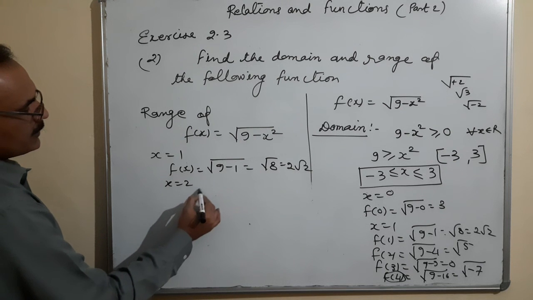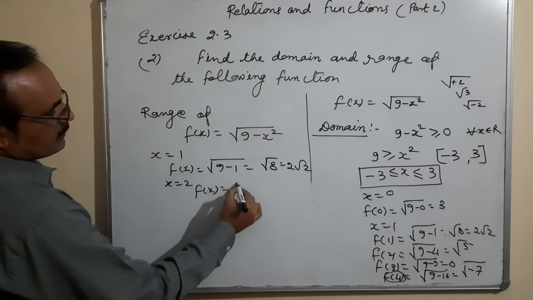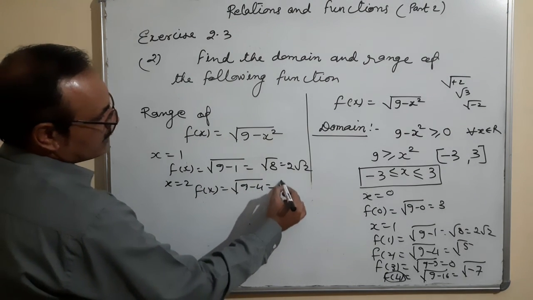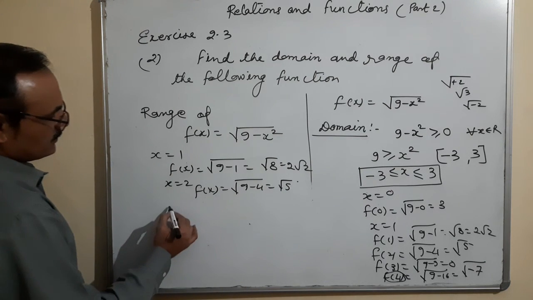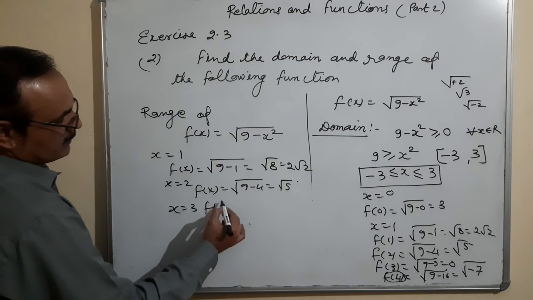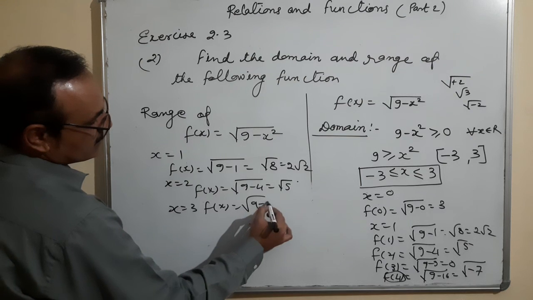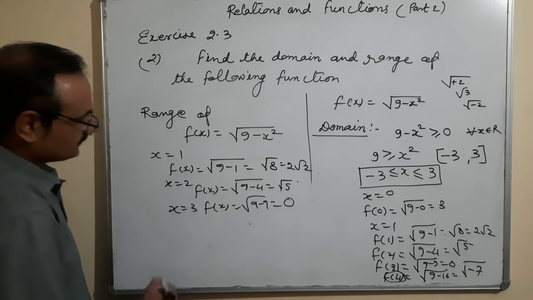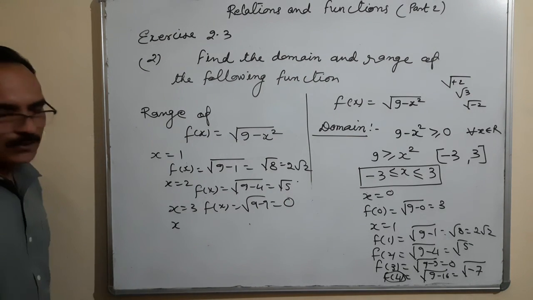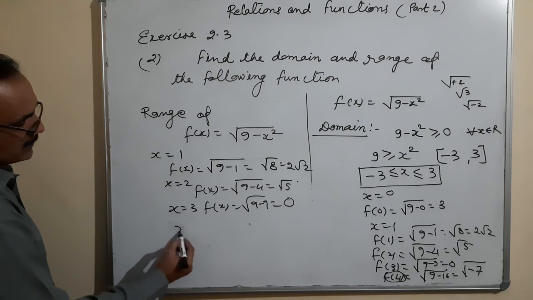When x equal to 2, 9 minus 4, under root 5, a positive term. x equal to 3, 9 minus 9 is 0. x equal to 4, you are unable to put. Now I would like to put x equal to minus 1.